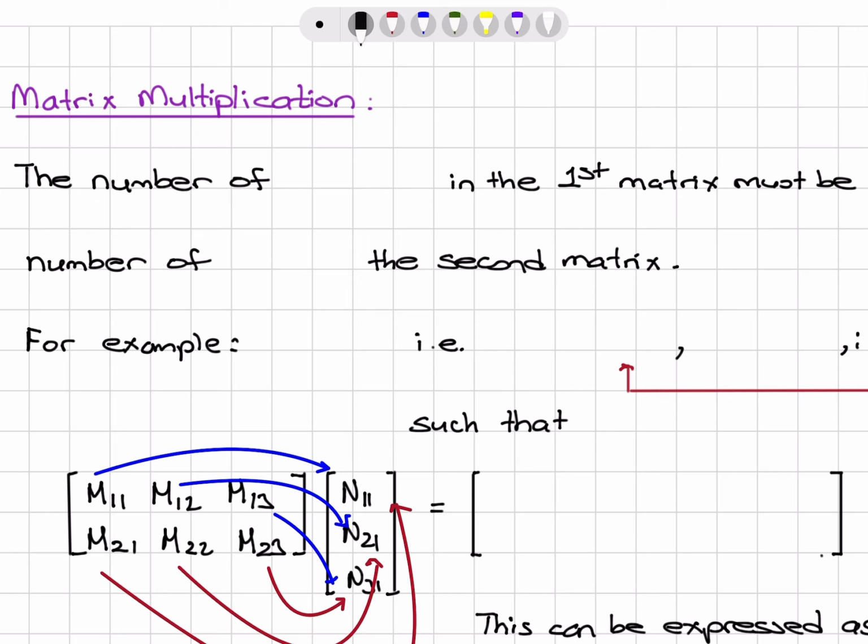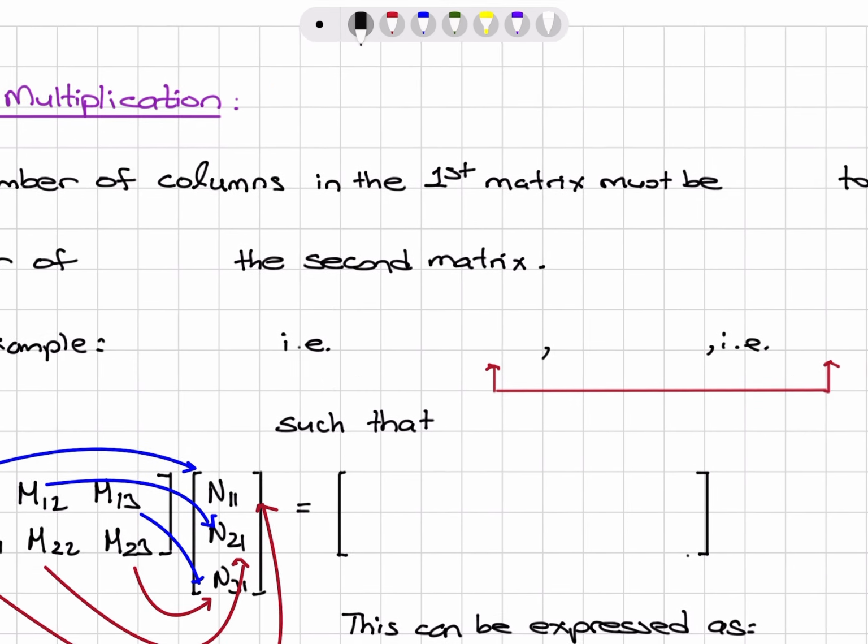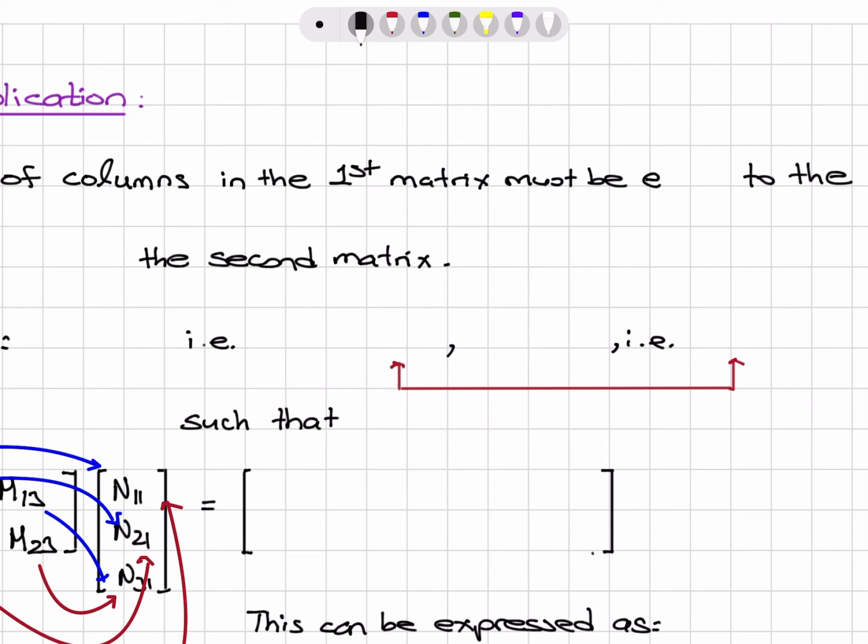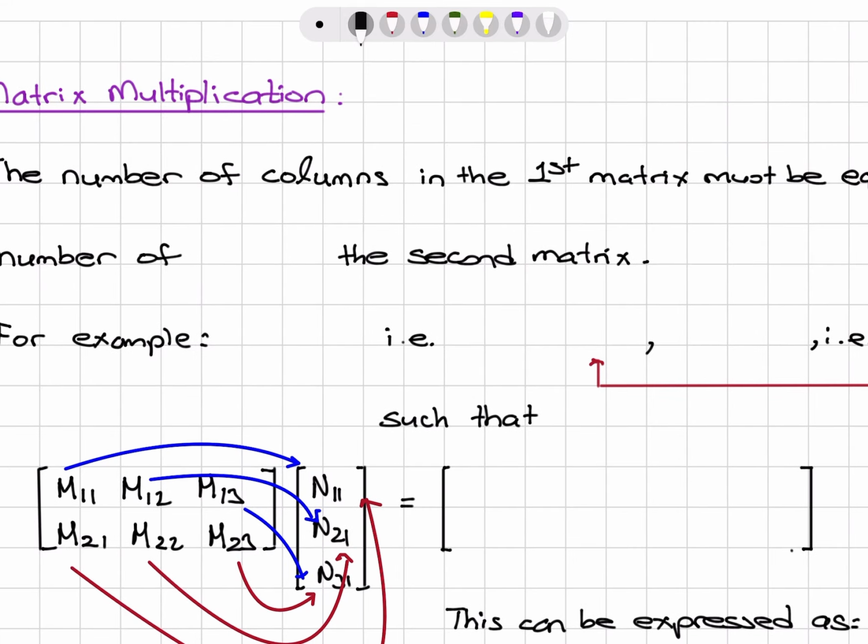The number of columns in the first matrix must be equal to the number of rows in the second matrix. For example, if this matrix M has 2 rows and 3 columns, we can say this is M sub 2 cross 3, 2 rows and 3 columns.